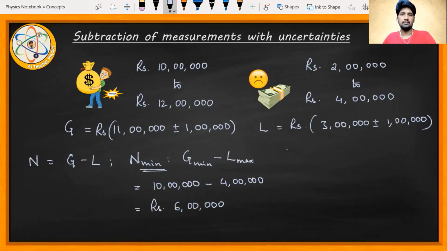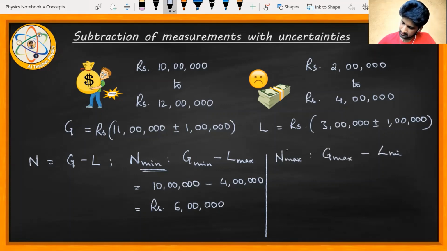Let us next calculate the maximum amount that you can pocket. Go ahead and try it yourself. And once you're done with that, you look at the explanation. To calculate the maximum net amount, we need to assume that you win the highest amount from the lottery and you pay the least amount of tax. So N max, the maximum value of the net amount, can be calculated as G maximum, the maximum gain, minus the minimum loss.